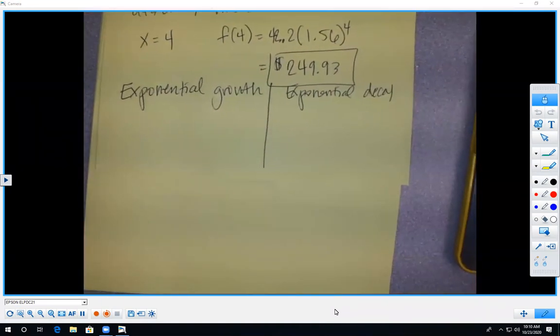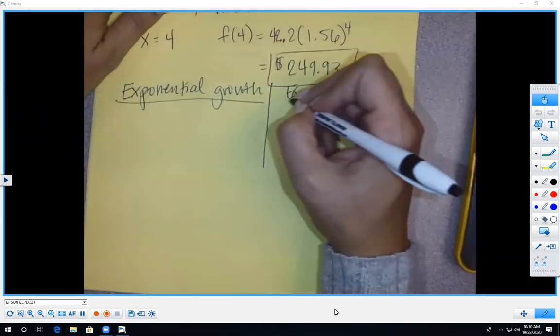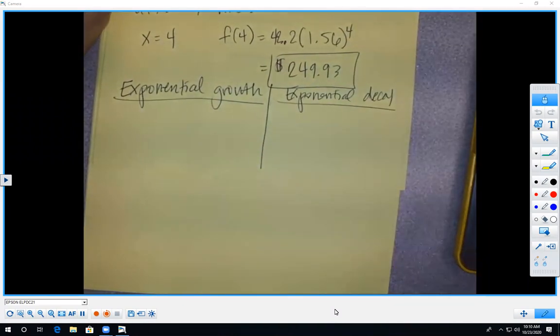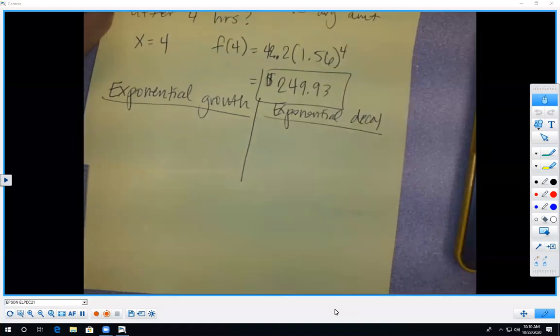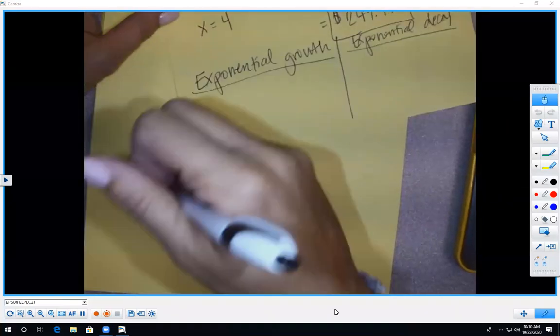Exponential growth versus exponential decay. Growth is something that's getting bigger or increasing. Decay is something that's getting smaller or decreasing.